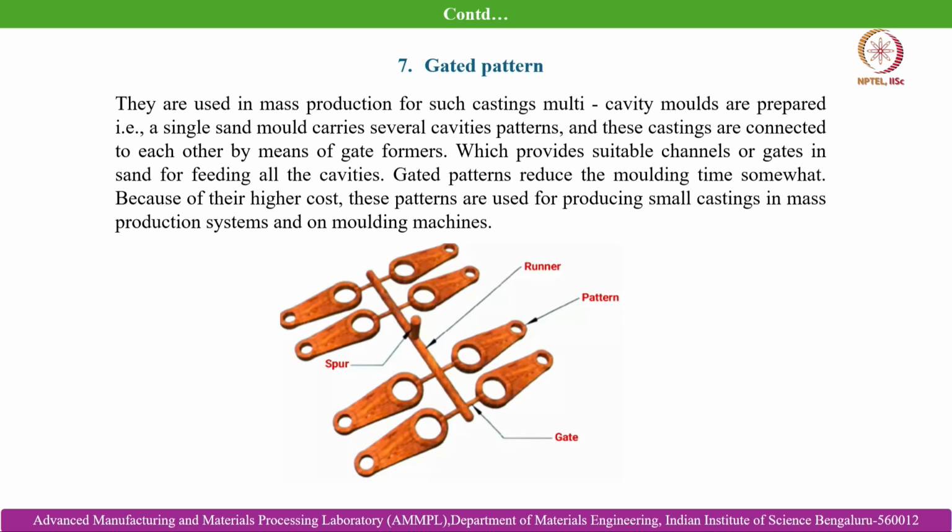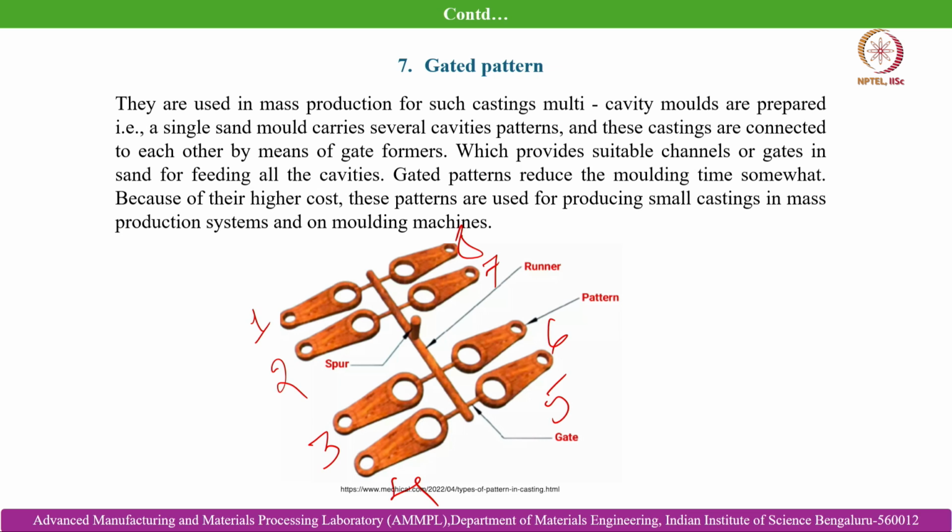And then the gated pattern. You can see here, we can cast at once 1, 2, 3, 4, 5, 6, 7, 8 components, say these are connecting rods, those can be cast at one go by preparing one set of molds. The benefit is that all the gating geometry, that means the sprue, the runner, and also the ingates to individual components are mounted in one single pattern.